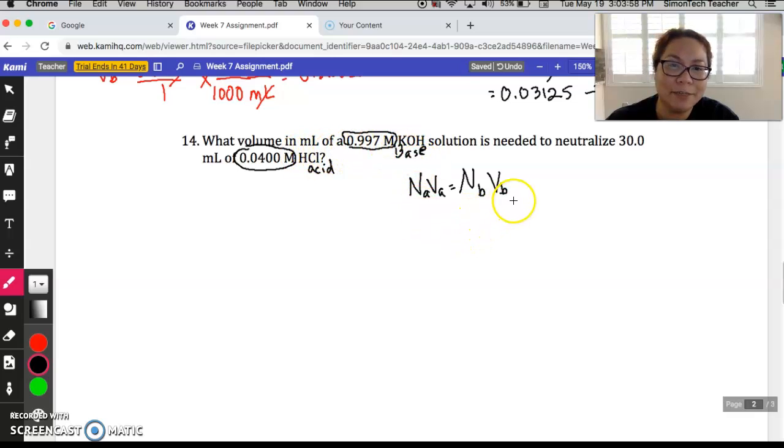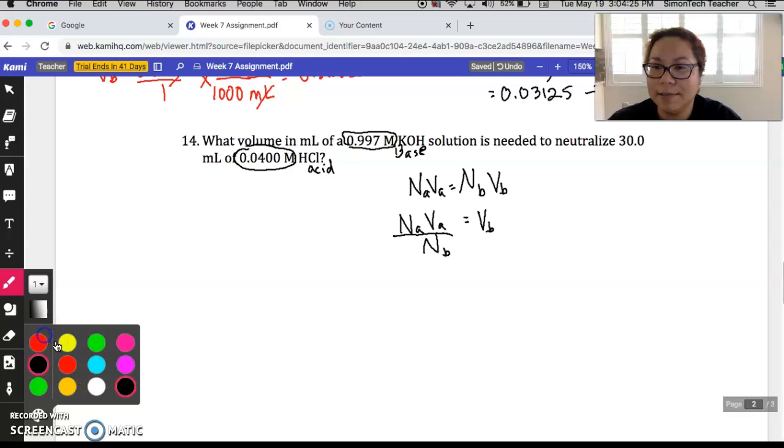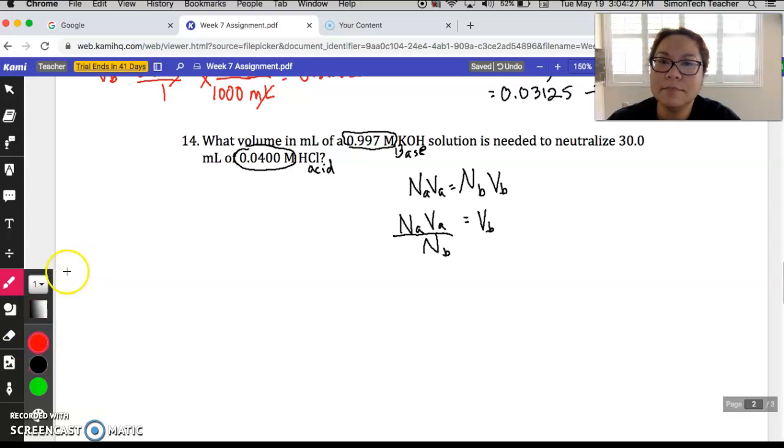That's the one that we are going to be looking for. This one here, the VB. So let's just move everything over to one side. Let's keep the VB on this side. So the resulting equation will be normality of the acid times the volume of the acid, all divided by the normality of the base. Okay, so now let's try to figure out what these values are so we can plug them in. And let's do a different color again.